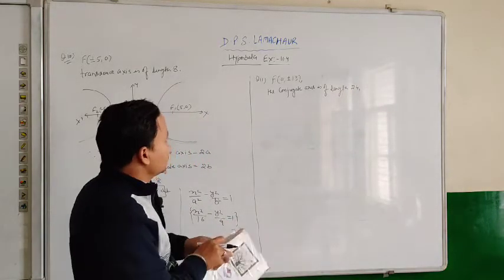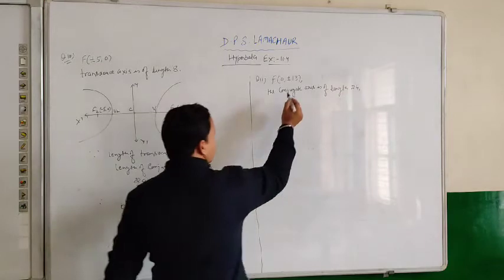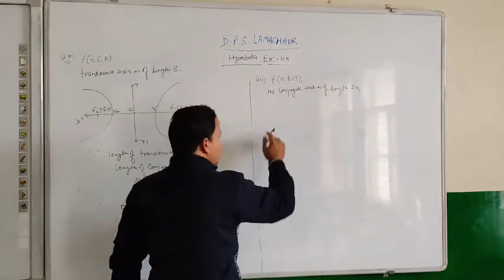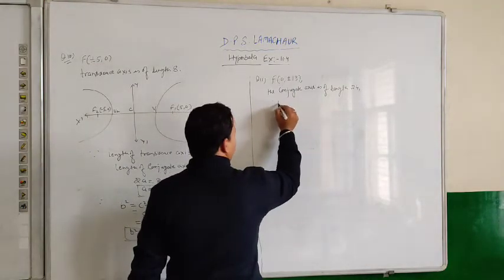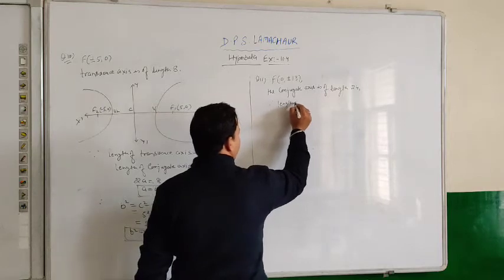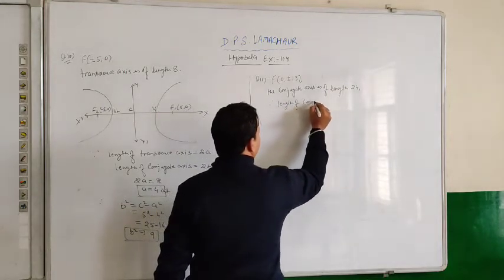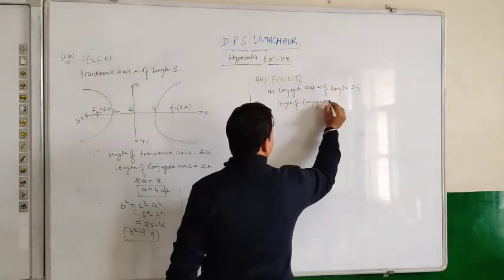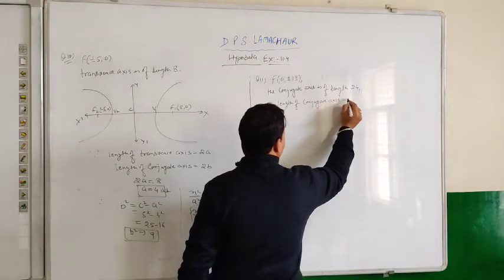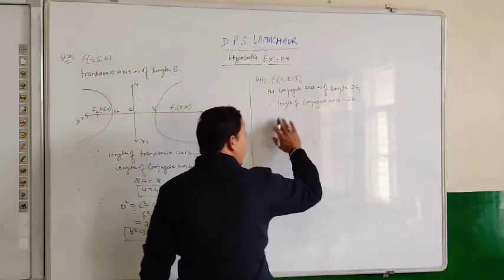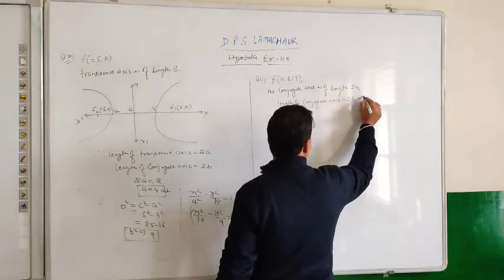Here we have been given the coordinate of focus and the length of conjugate axis. Since we know that length of conjugate axis is equal to 2b, on comparing, 2b is equal to 24.